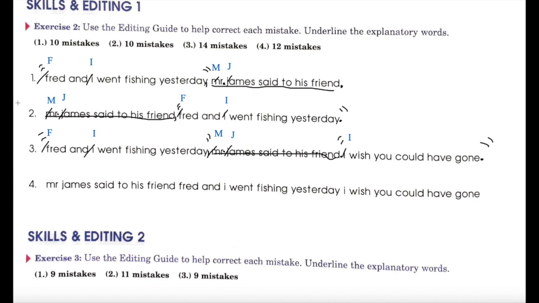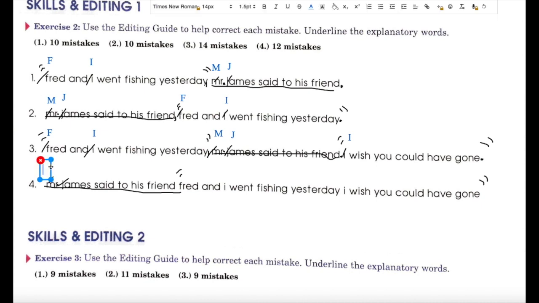All right, we have explanatory words at the beginning. Mr. James said to his friend. Put in your quotation marks around the quote. Capitalize Mr. James. Put a period in between Mr. and James. Mr. James said to his friend, comma, capitalize Fred.